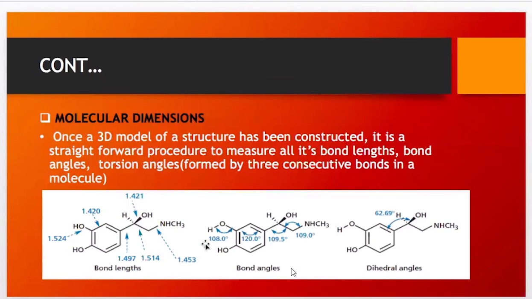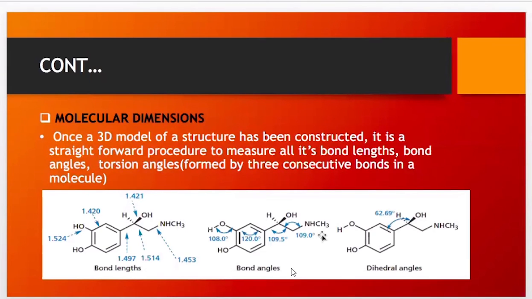And then besides that, these softwares can also help you to identify the different angles that we've talked of. We talked of the bond length, bond angles, and the dihedral angles. Dihedral angles are the same as torsion angles.